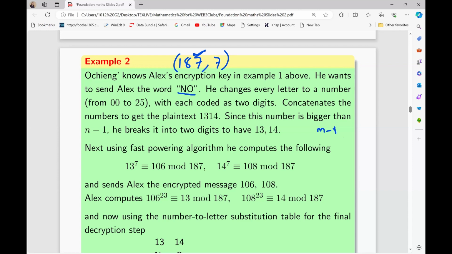So for Wanjiru, it was easier. Wanjiru was just sending 91. 91 is already less than M minus 1, which is 186, and it's supposed to be greater than 1.